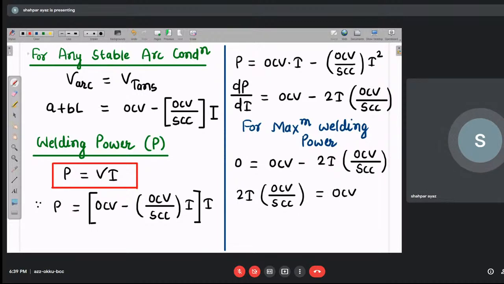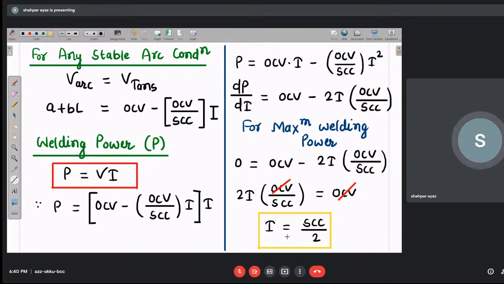So this is going to be cancelled. So here I is equal to SCC by 2. If the working current supplied by the transformer is half of the short circuit current, then you will get the maximum power, my dear. This is your optimum current, half of the short circuit current.